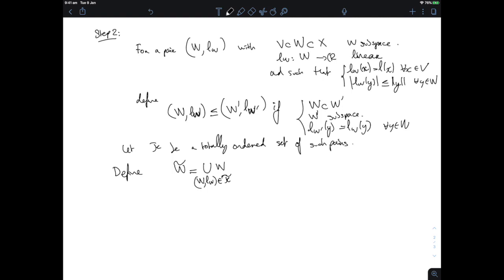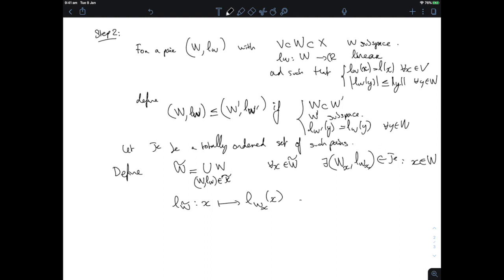Now, given any vector x in W tilde, because it's defined on that union, there has to exist a W that depends on x and an LWx, an element of F, such that x belongs to W. And so I'm going to define LW tilde to be the map that sends x to LWx of x, right?